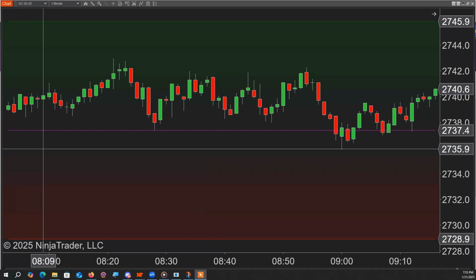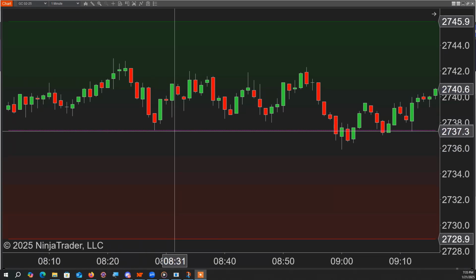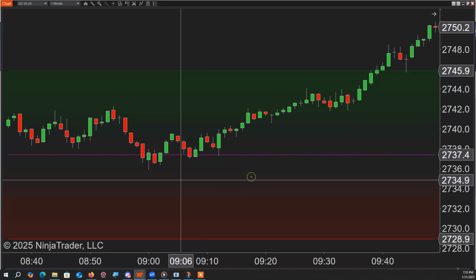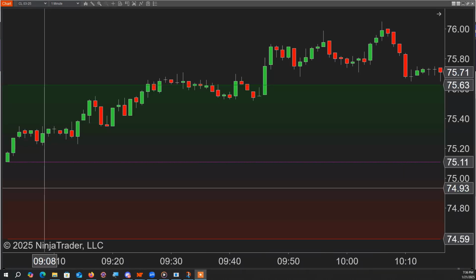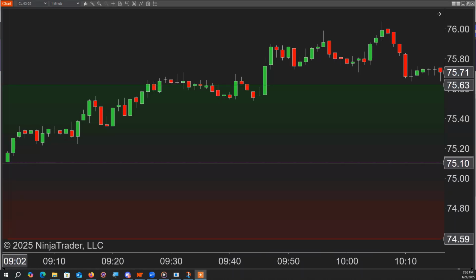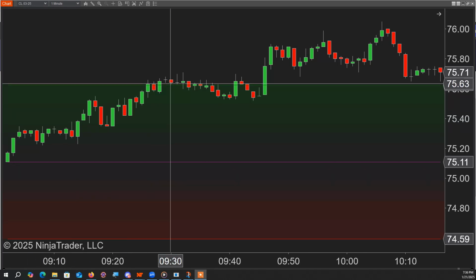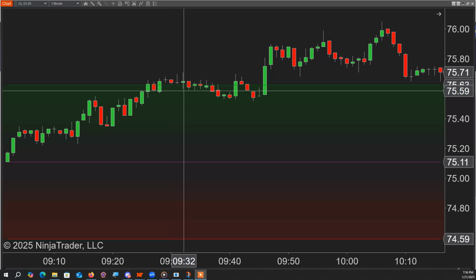Here is gold, of course, opens a bit earlier than the indices. Here is a test of the midpoint, up, another test of the midpoint, and up all the way to the buy level. Crude oil opens at 9 o'clock Eastern, opens above the midpoint, straight to where? Straight to the buy level. Minor reaction, not much of a reaction here at all.